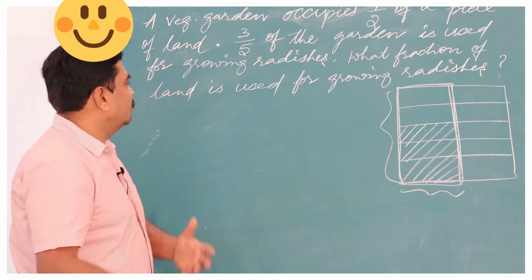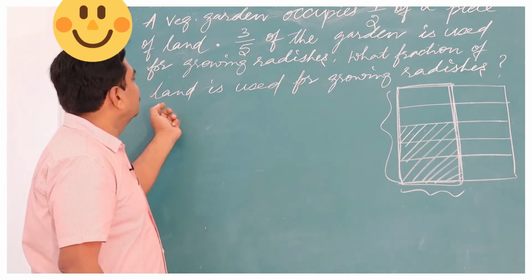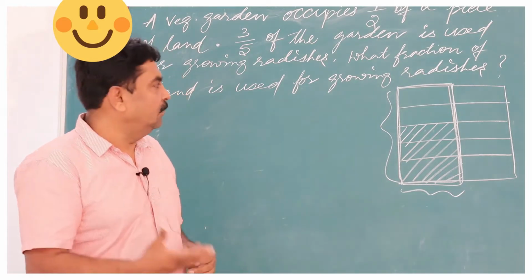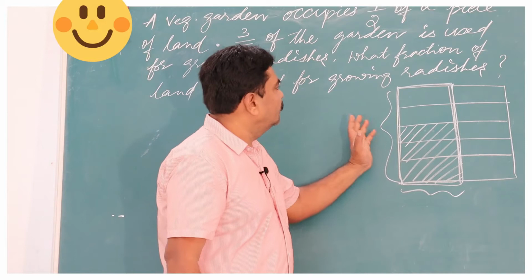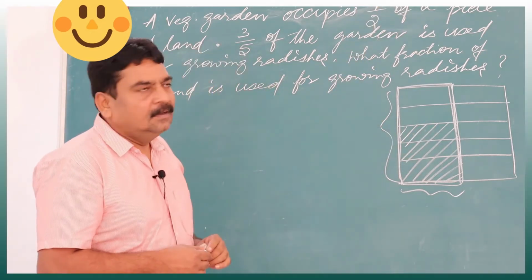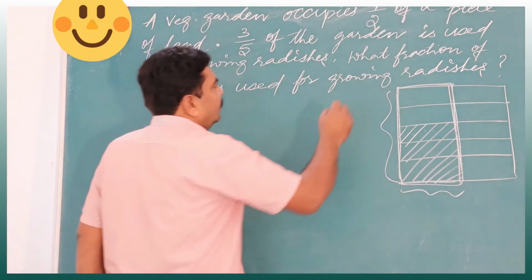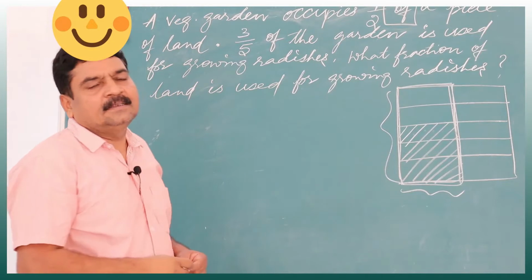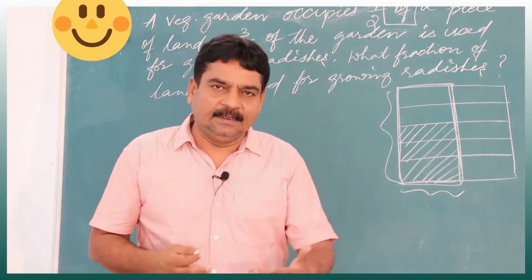So how much? The question is, what fraction of land is used for growing radishes? Means out of half he has used 3/5. So here, whenever "of" comes, remember that always indicates multiplication.